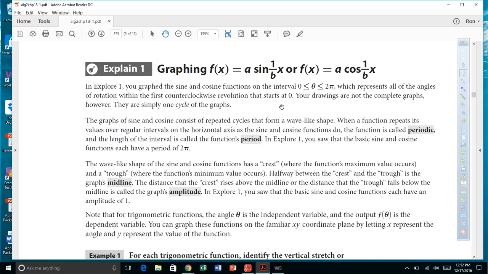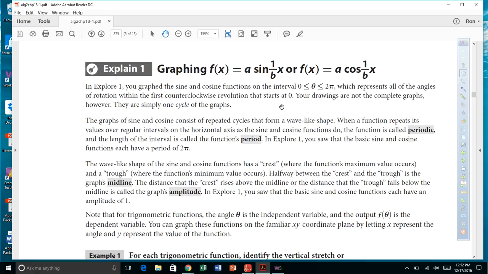Your drawings are not the complete graphs. However, they are simply one cycle of the graph. The graphs of the sine and cosine consist of repeated cycles that form a wave-like shape.